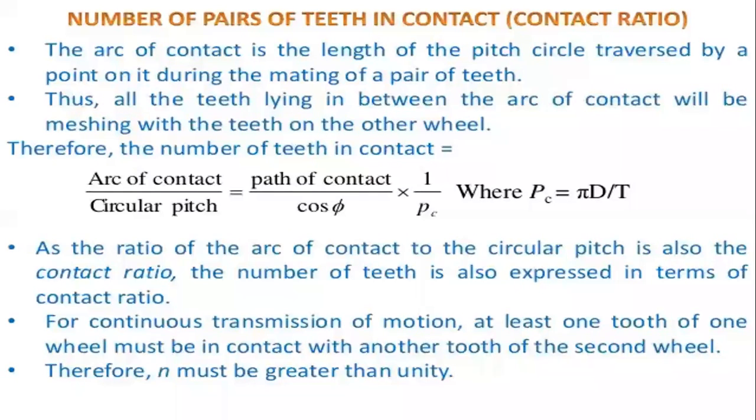Then, as the ratio of the arc of contact, we are going to take the circular pitch, so the circular pitch is pi into D by T.